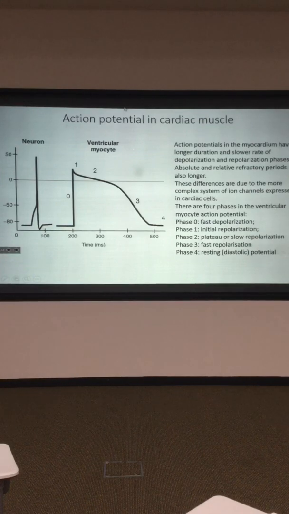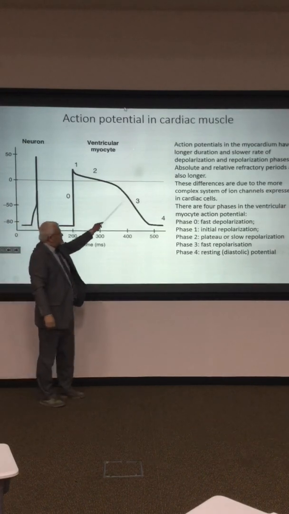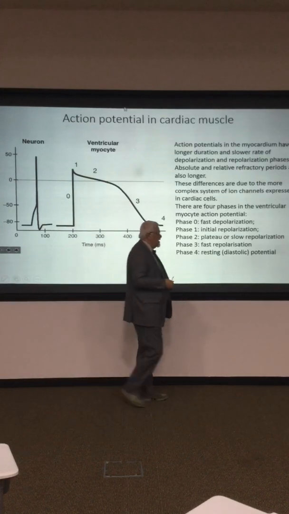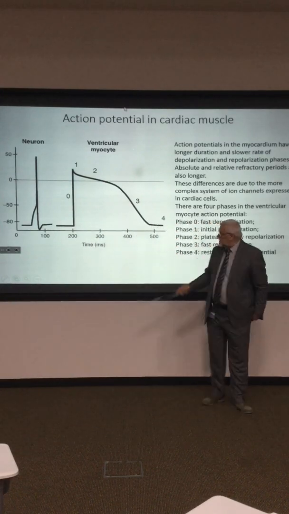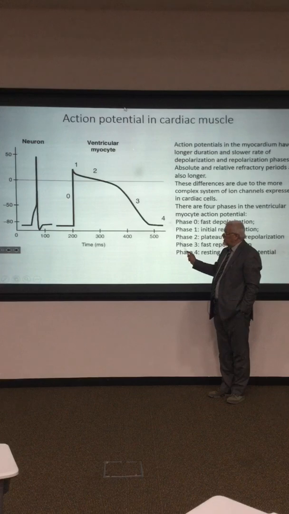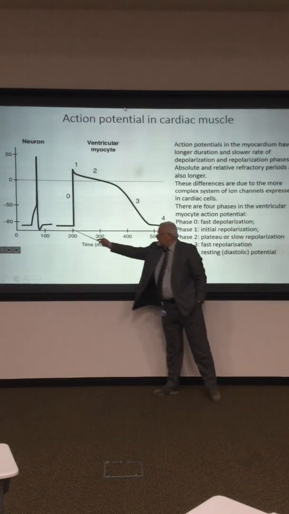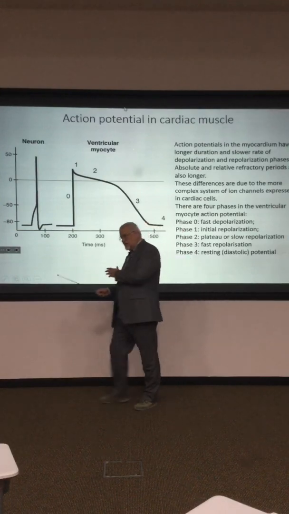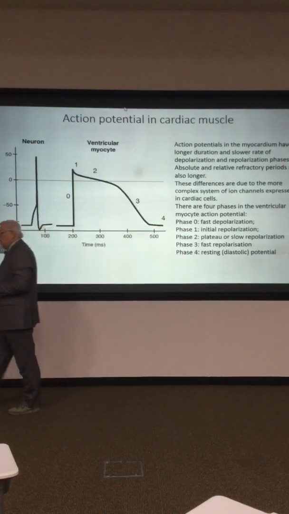You don't see a plateau in neurons or in skeletal muscle. And this is followed by final rapid repolarization and the resting phase, phase 4. This is phase 4, this is phase 4, resting potential between action potentials.